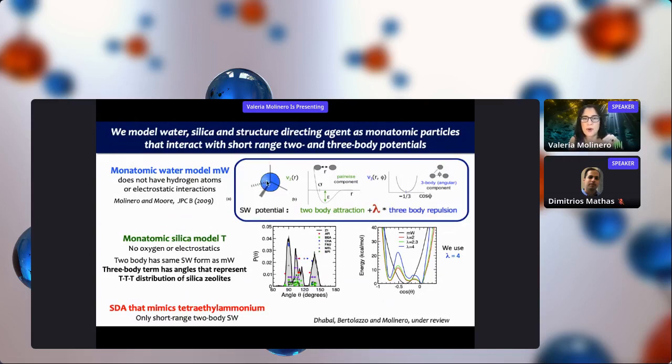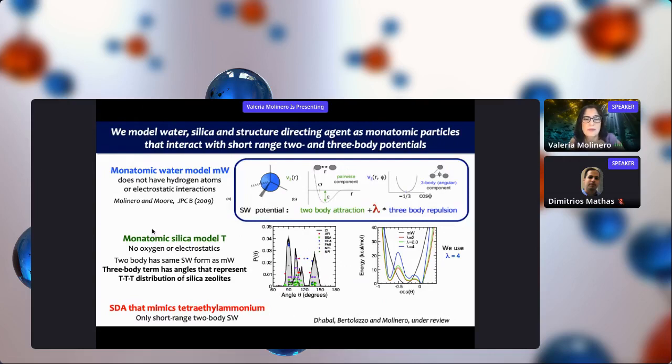This model represents the interactions between water molecules as a combination of 2-body interactions that are short range and soft, and a 3-body interaction that is just a quadratic cosine function that is repulsive in the angle. So if you have water, water, and water, and the angle is not 109, which is the one that we enter, then we have a repulsion. And this suffices to produce the thermodynamics and structures of water.